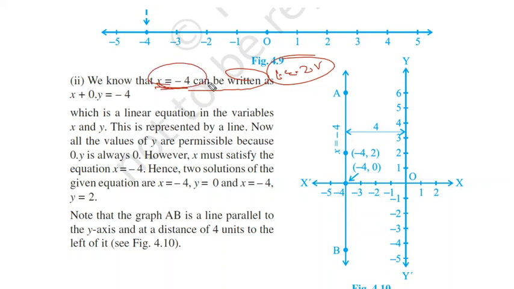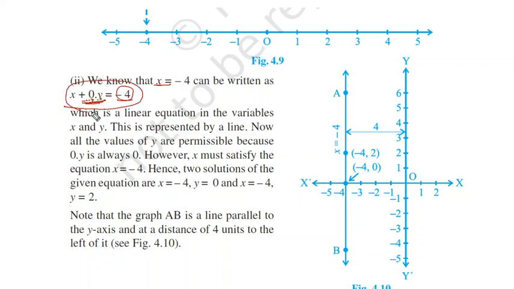So for writing in two variables, we write it like this: x plus 0 into y equal to minus 4. There is no y, so we write 0 into y. Here y has been multiplied with 0, so we can put any value of y, and the value of x will not alter.